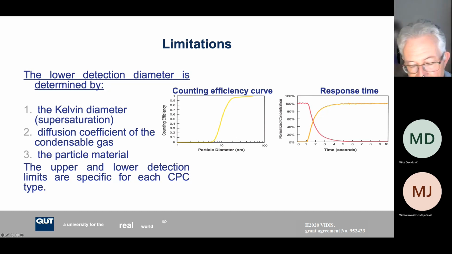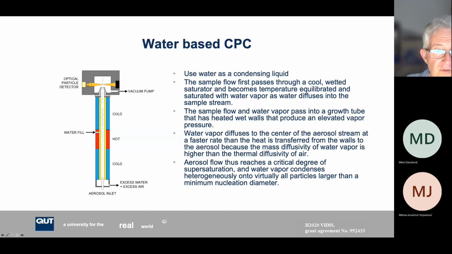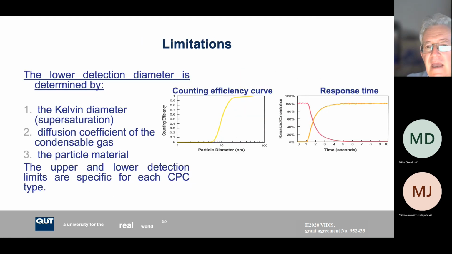So how big is that volume in which you have the saturator? So depending on this volume, and how fast the flow rate is. So the faster the flow rate, the faster the response time, and that's of the order of seconds, as we see for typical butanol-based or other particle counters.